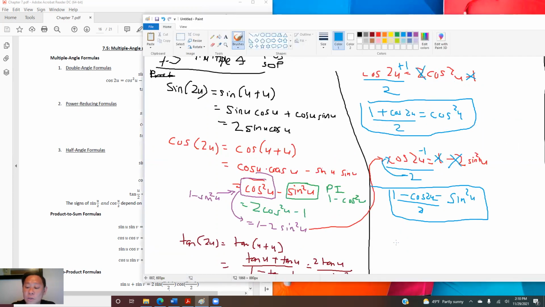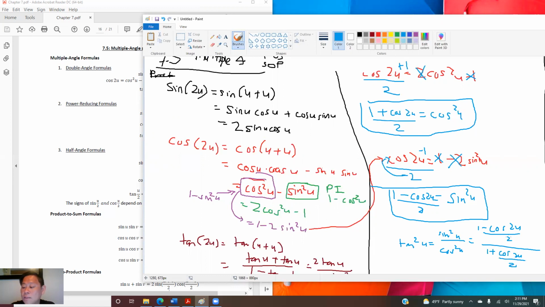And for tangent square u, what we do here is we use the quotient rule. So tangent square u is sine square u over cosine square u. That means I take this 1 minus cosine 2u over 2, over 1 plus cosine 2u over 2.